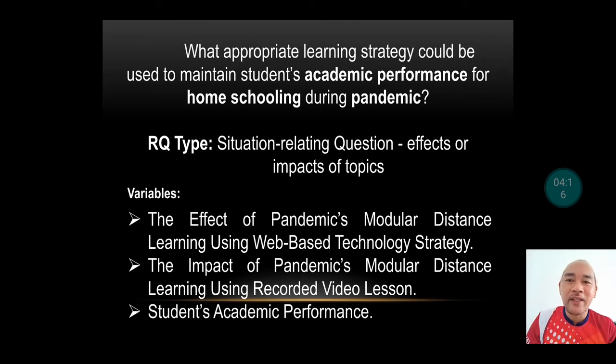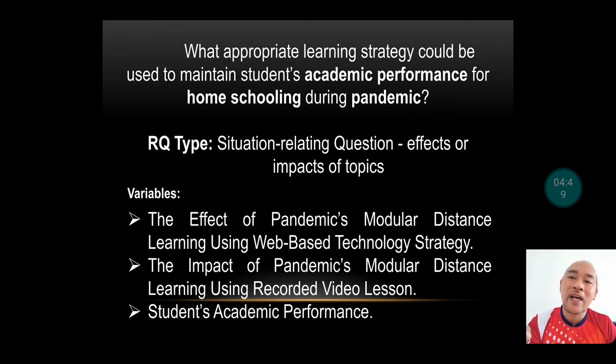So what's the topic? It's the modular distance learning strategy. Here, I came up with this too: the web-based technology and the recorded video lesson. And what is the title? What is the RD? What other variable are we getting from the RD? The student's academic performance. Remember that there are only two variables in this research that we consider, the IV, or the independent variable, and the dependent variable.